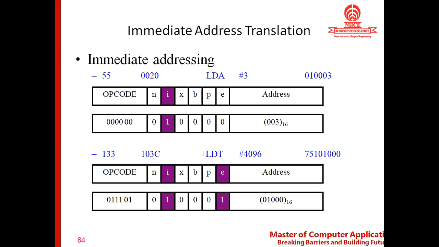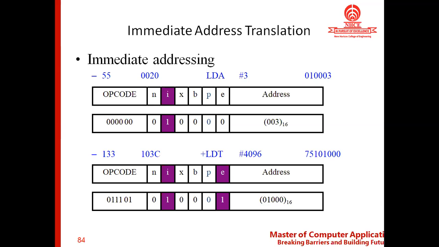In the displacement, we don't do any calculation. Since it is immediate addressing, it takes the same operand value as the displacement. That is why the value 3 is represented as 003. The same constant we use in the instruction is used here, only with preceding zeros, because they won't change any value.